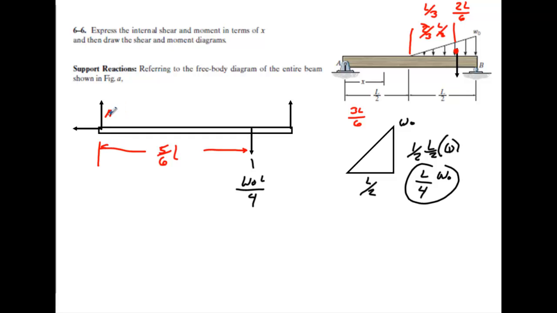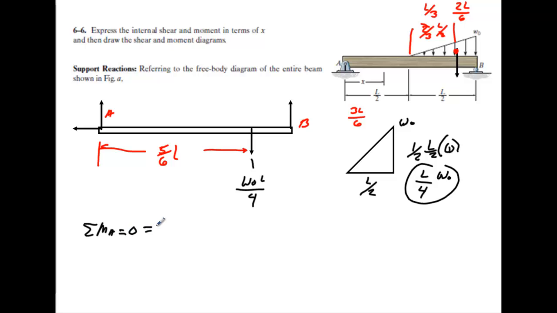Okay, so now let's label things. This is A, and this is B. All right. So now what you would do is take a moment around A. If I take a moment around A, anything that goes this way, clockwise, will be negative. And we want this to be equal to 0.